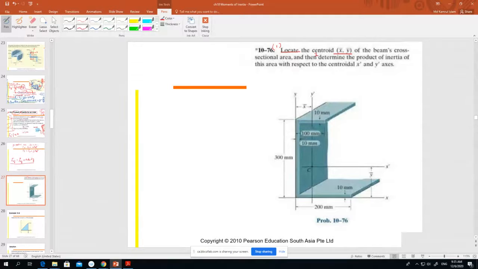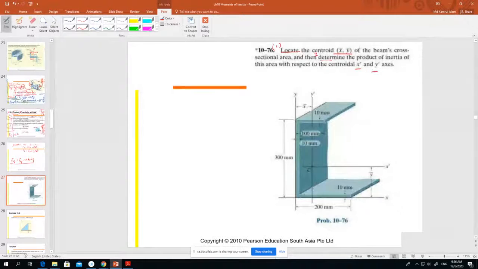Second question is then determine the product of inertia of this area with respect to the centroidal axis, right? So first they asked us to find the centroid, and then the product of inertia with respect to the centroidal axis. So let's start doing the problem.